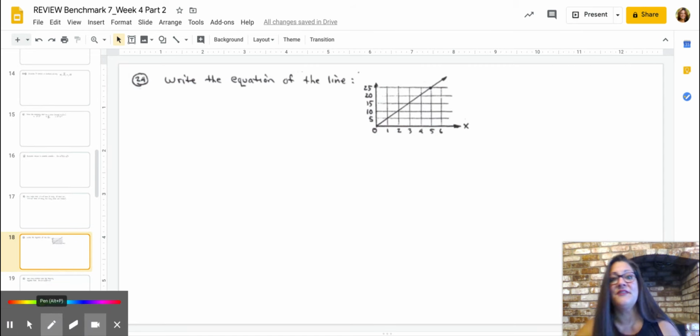Yay, write the equation of the line. This is what we have focused on the most this year, but it just seems like it was so long ago now. So we want to write an equation of the line.